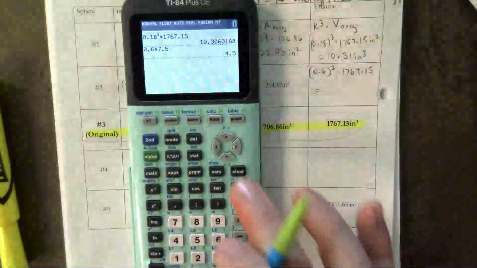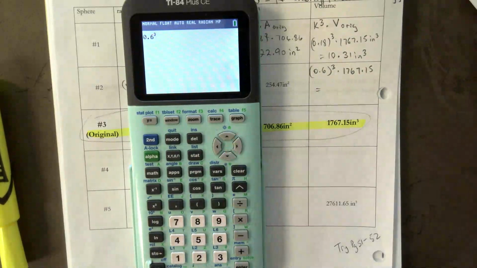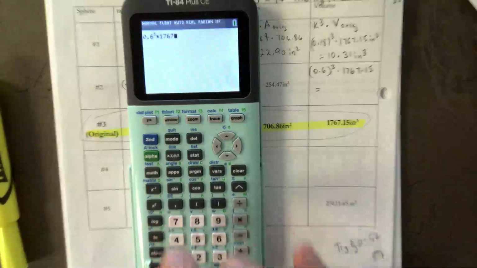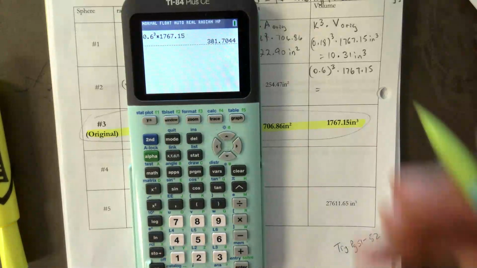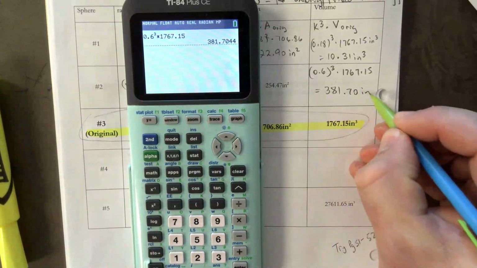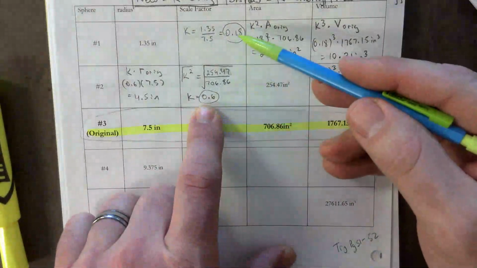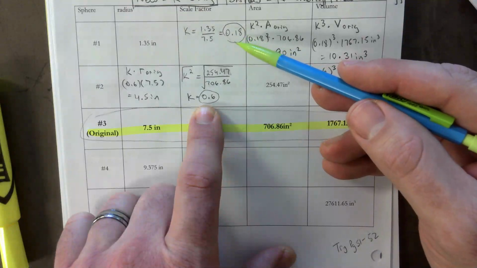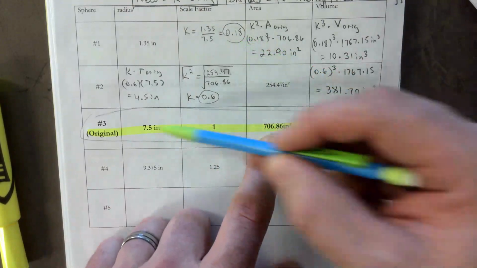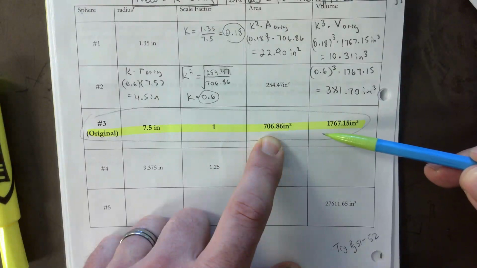And so, you just grab your calculator, 0.6, hat 3, bring it back down, 1767.15, and there it is. And by the way, I hope you know that if K is less than 1, it's a reduction, correct? So it should be smaller than the numbers you have here. If that's not happening, go back to the drawing board, start over, okay?